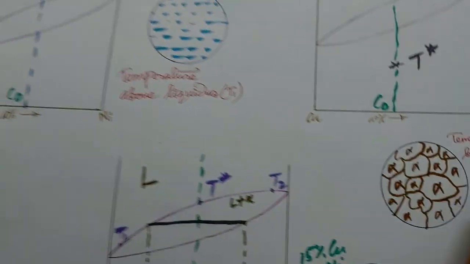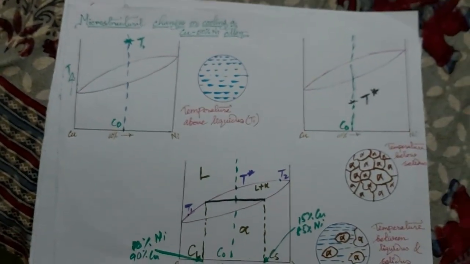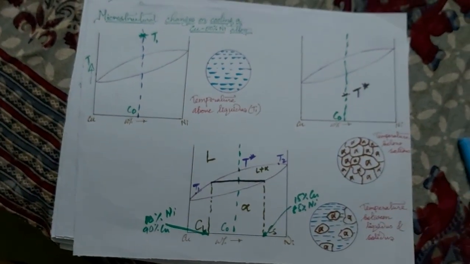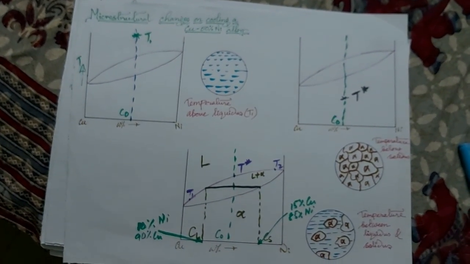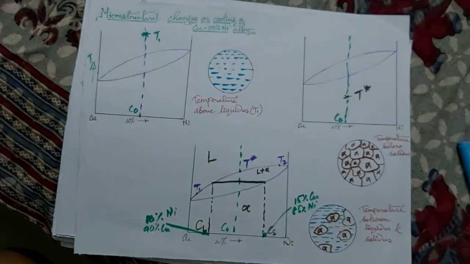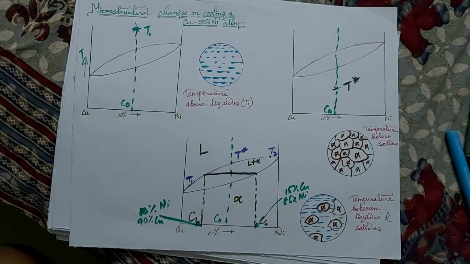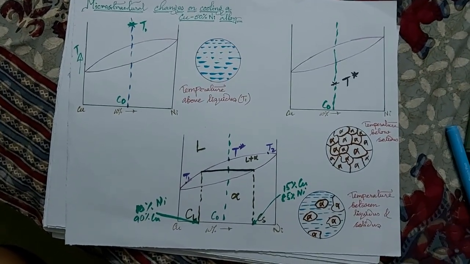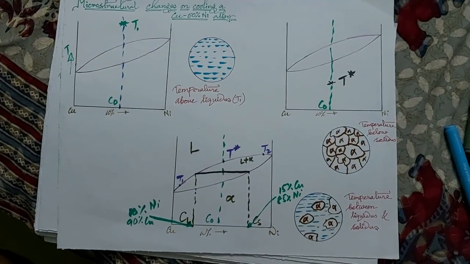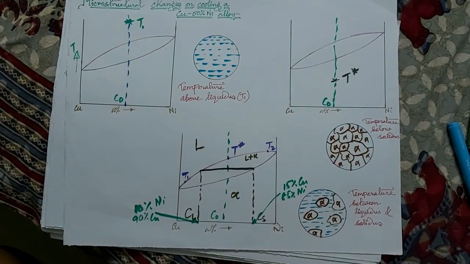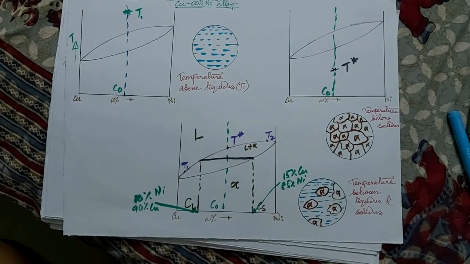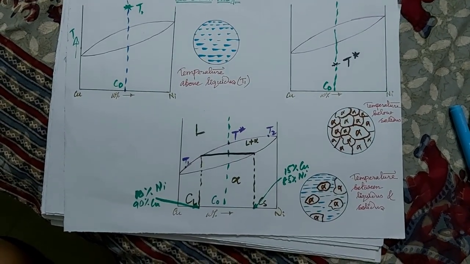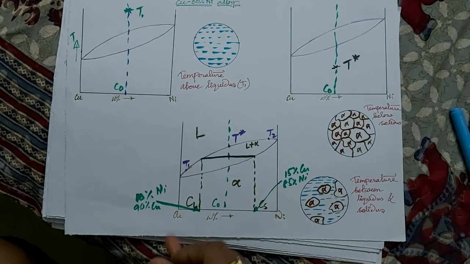Okay, so here we have three different microstructures at three different temperature points, but the composition is constant, which is C naught, consisting of 50% copper and 50% nickel, and these are the three microstructures.